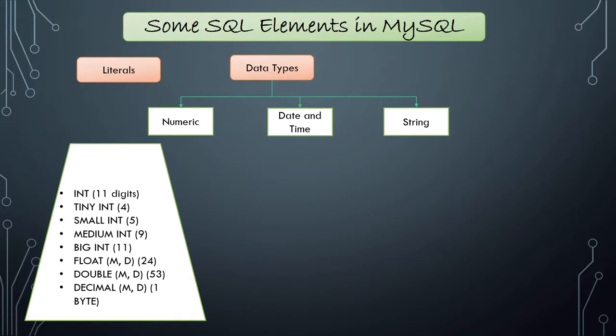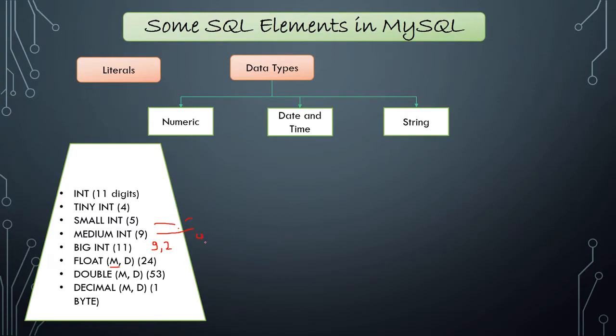Now the question arises, why do we have M and D in float values? As we all know, float, double, decimal are point values, or you can say these are the real values, where M represents the total number of values. For suppose if I am writing 9, 2, that means the total number of values before decimal and after decimal is 9.